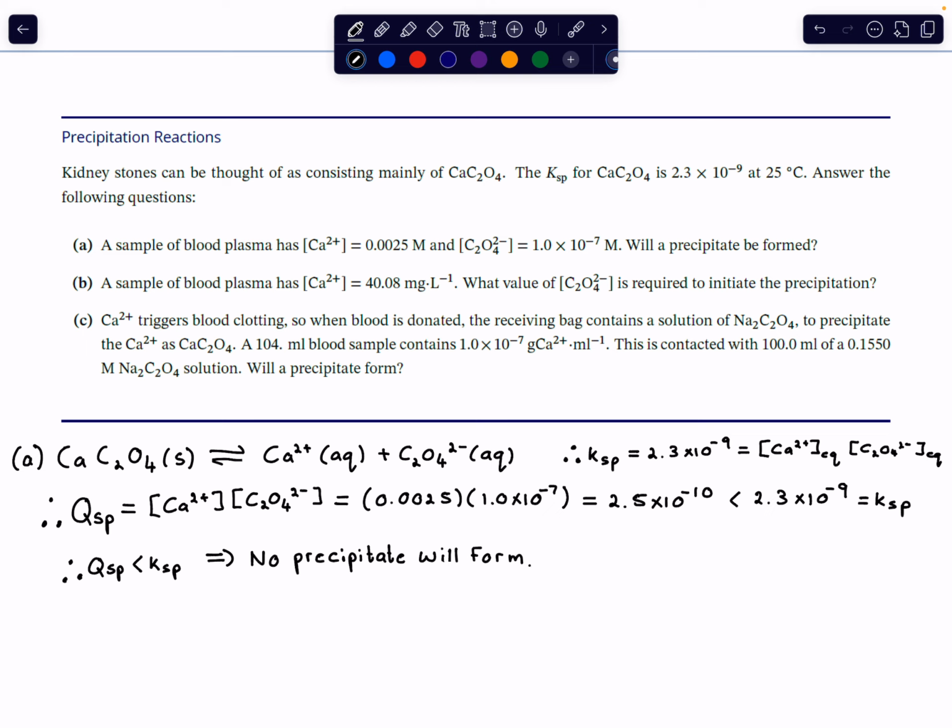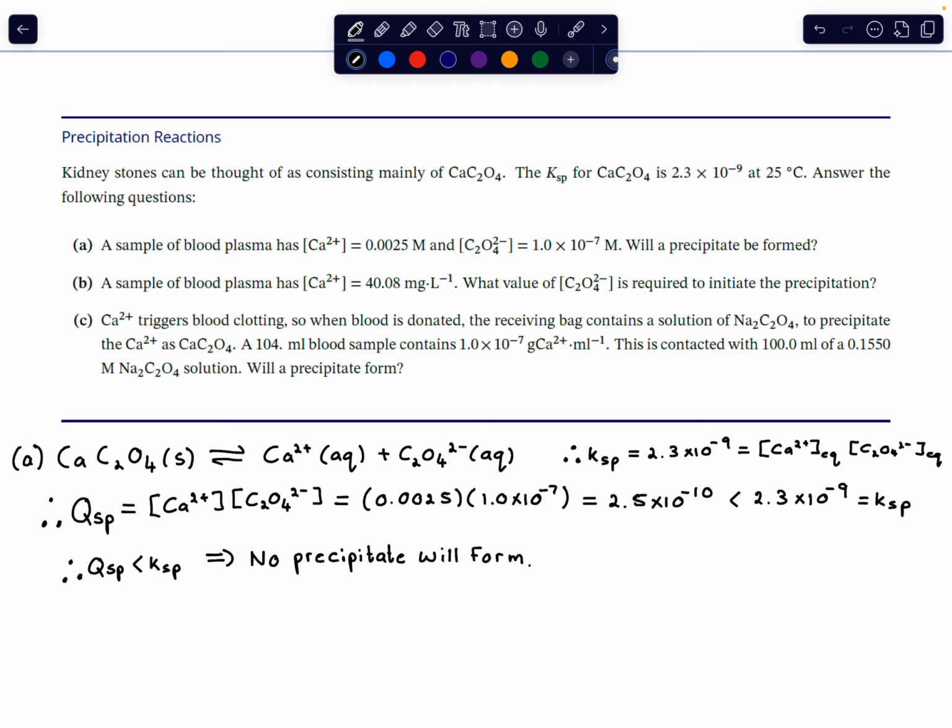Because Q is less than K. For a precipitate to form, your Q needs to be at least equal to or larger than K. When Q equals K, technically your solution is saturated, so it's on the brink of precipitation. Technically there's not a precipitate yet, but you could say that anytime Q is equal to or larger than K, it's debatable.